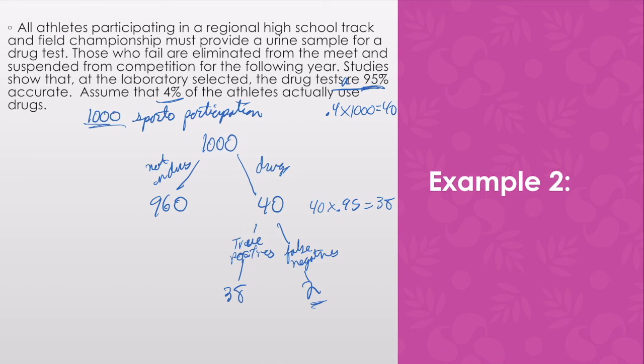So if I take 960 times 0.95, that's going to give me 912 of those who got true negatives, right? They are not on drugs and they tested negative. But that means I have 48 who get false positives.